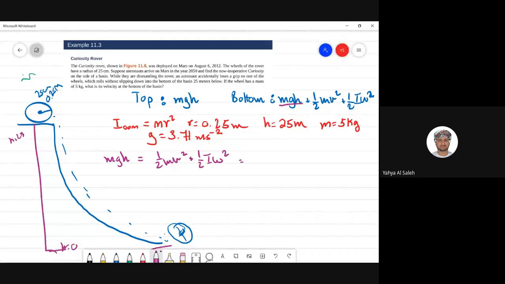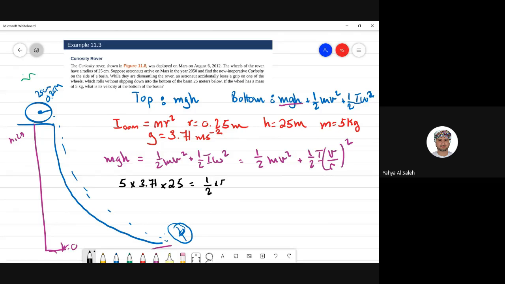So I will rewrite this as half mv squared plus half I times v over r all squared. Put in the numbers. 5 times 3.71 times 25 equals half times 5 v squared. I don't know what v is. This is what I want to find.